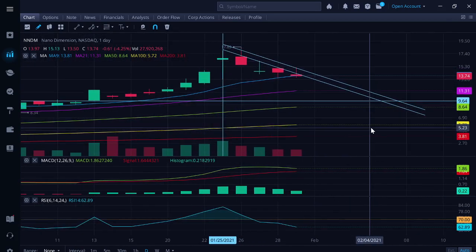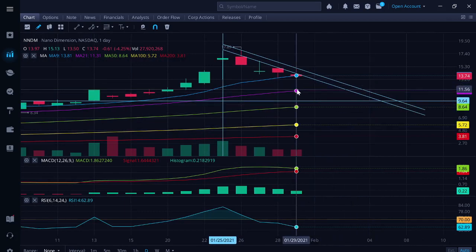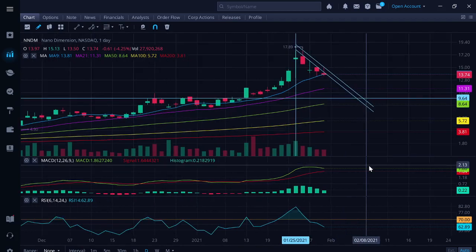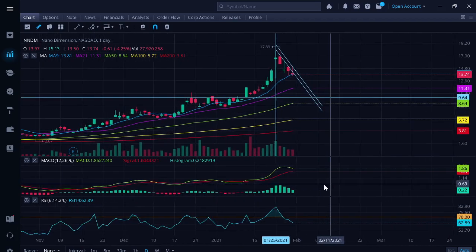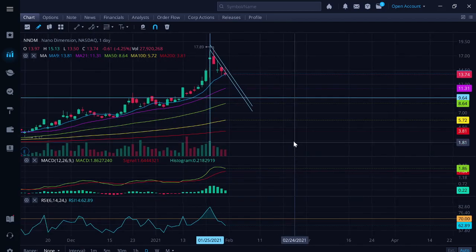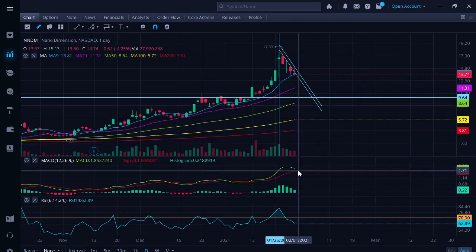Okay, so if you were to play this, the MACD is on its way down, so it's more likely going to at some point touch the signal.